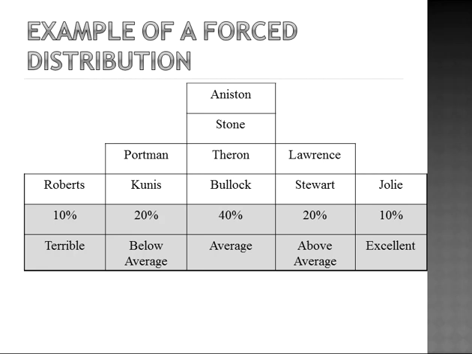Now, as you probably recall from your experiences with forced distribution, if you were lucky enough to go through this process, when it comes to grades for tests, for example, the question always comes up, does Jolie deserve that grade, or does Roberts really deserve that grade? Because we're forcing these grades in a sense.